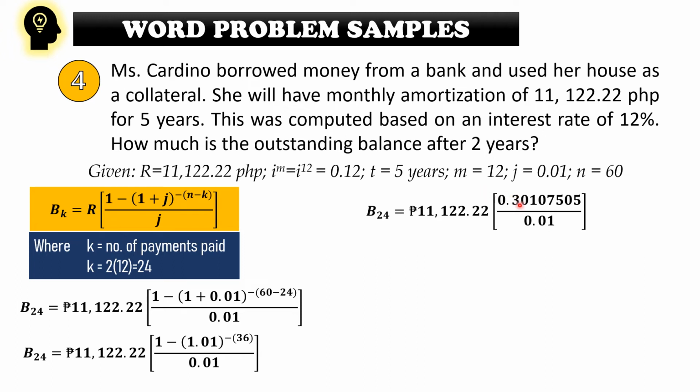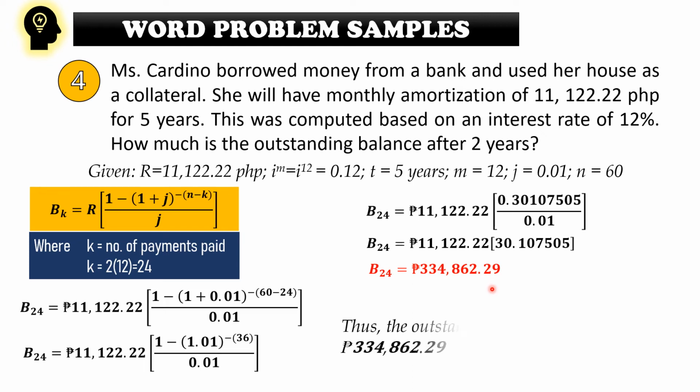Then we are going to divide this decimal number by 0.01, and that is equal to 30.107505. So as you can see, I put all the complete value of the decimal numbers. Okay? So we are going to multiply by the regular payment, and that is equal to 334,862 pesos and 29 centavos.